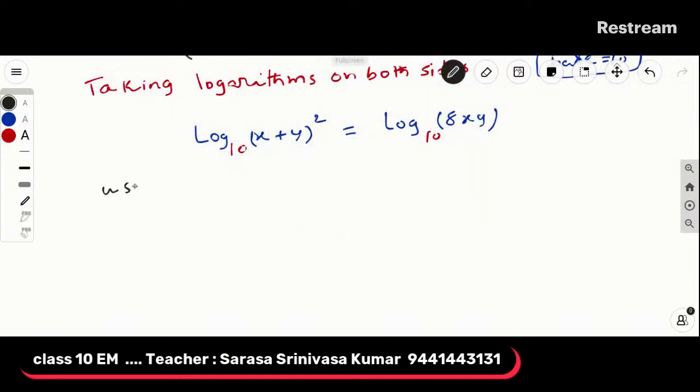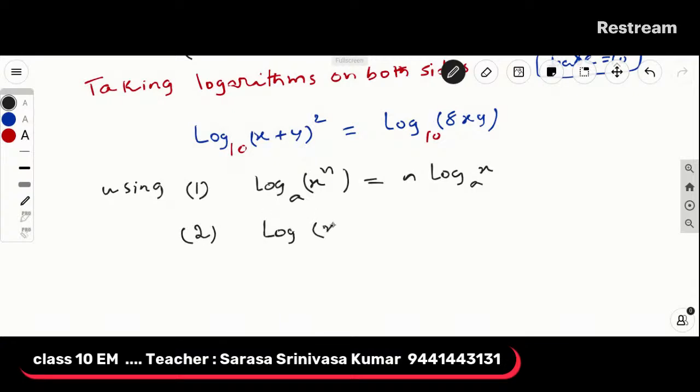Number 1: log x to the power of n to the base a equal to n log x base a, on the left hand side term, and log xyz to the base a equal to log x to the base a plus log y to the base a plus log z to the base a.